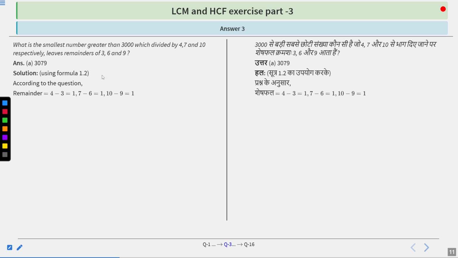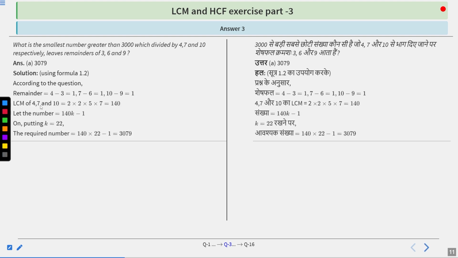Now, here the difference between 4 and 3, 7 and 6, 10 and 9 is 1. So we can use formula 1.2, according to which the number should be LCM of 4, 7 and 10 minus the difference. But the condition in the question is that the number should be greater than 3000. The LCM of 4, 7 and 10 is 140. According to formula 1.2, the number should be 140 into k minus 1.